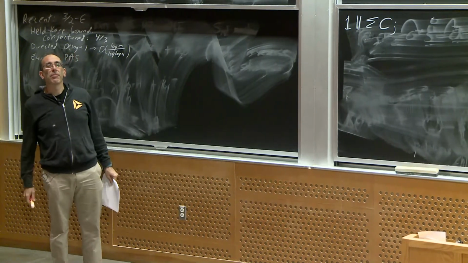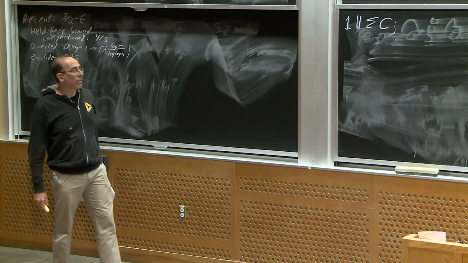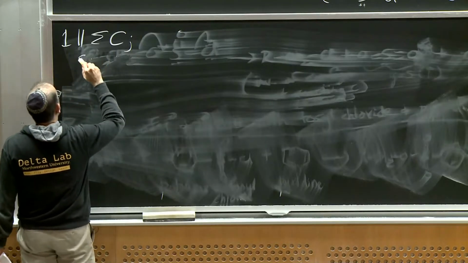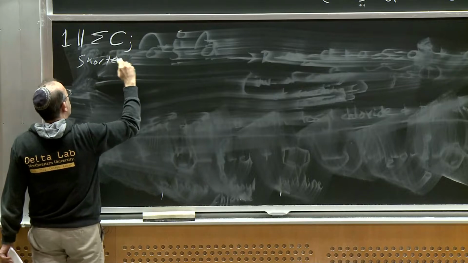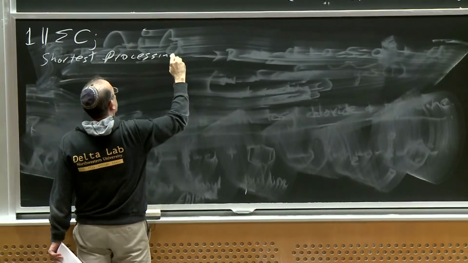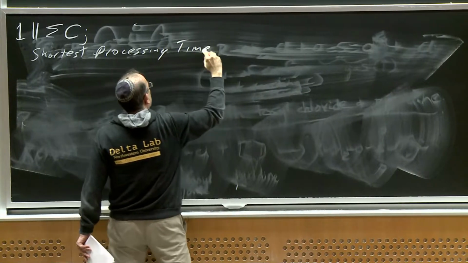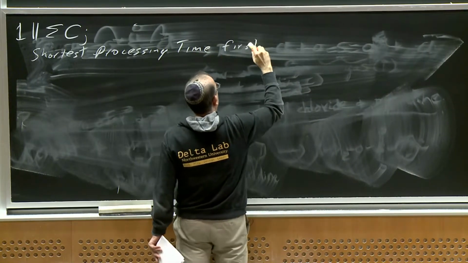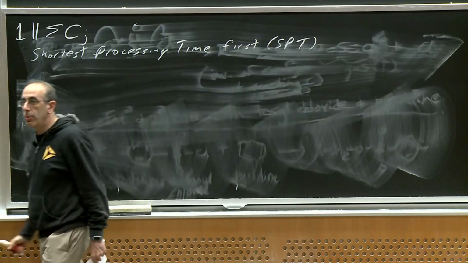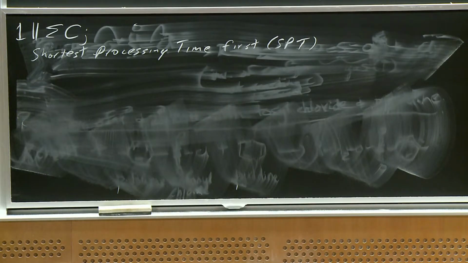Yes? We just do the shortest jobs first. Right. So it turns out that a very good strategy here is what's known as shortest processing time, SPT. Any intuition on why this is a good idea?